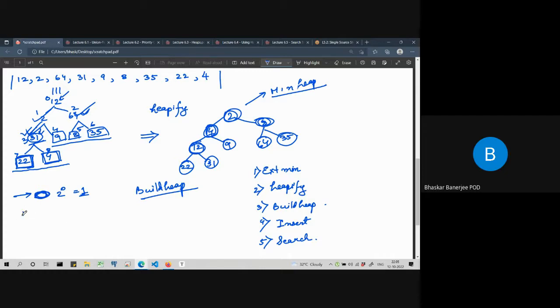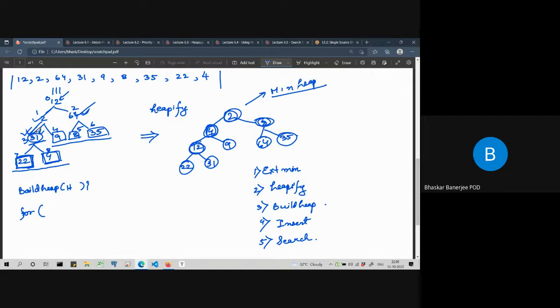If I write the build heap method, let me just write it, in pseudo code. Now I'm starting to write the build heap method. First, we would apply heapify every time on the nodes which are non-leaf, starting from the first non-leaf node.